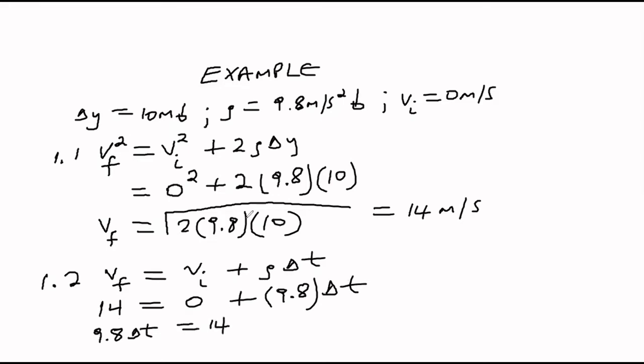Then we can divide both sides by 9,8 to make T the subject of the formula. So what is the answer? 14 divided by 9,8 is 1,43 seconds.